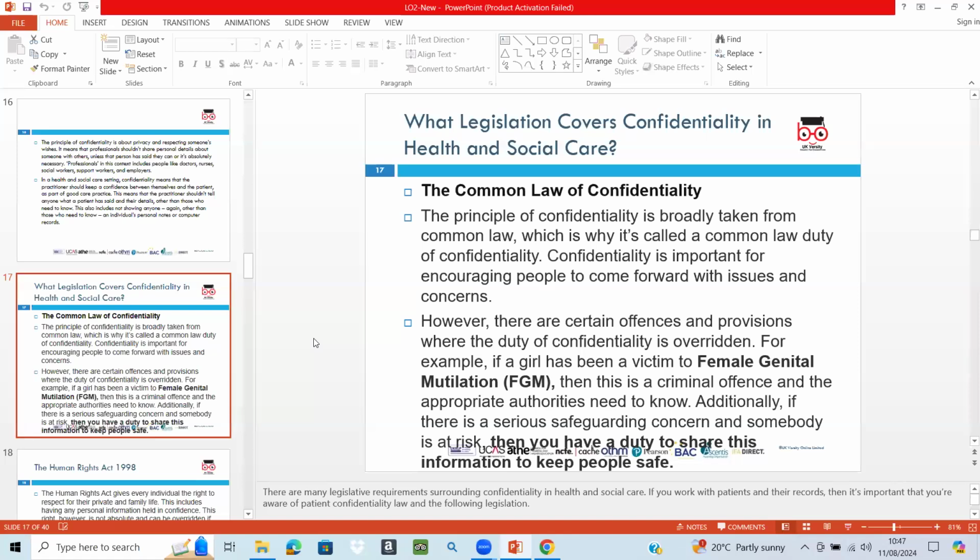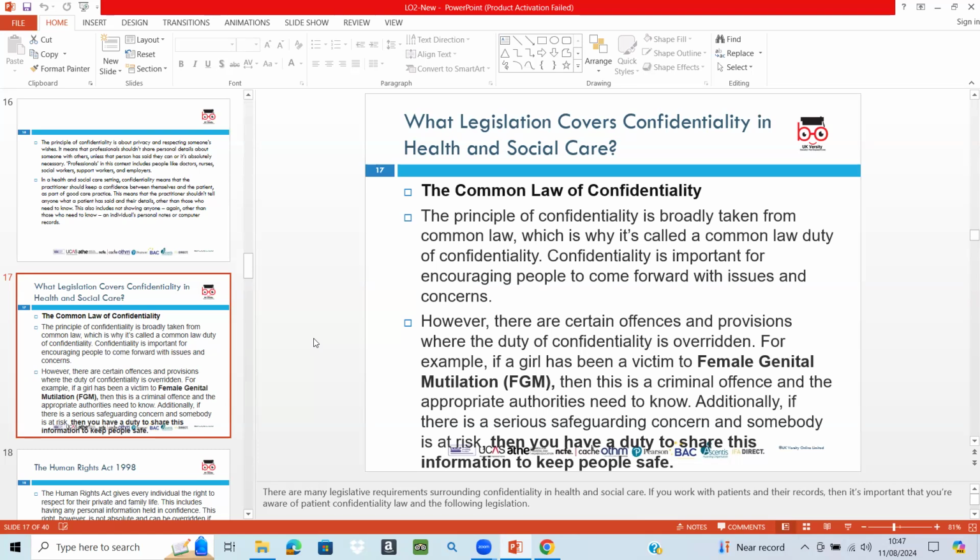First, the common law of confidentiality. This principle underpins the duty of confidentiality in healthcare. For example, it prevents healthcare providers from disclosing service user information without consent unless there is a legal or ethical obligation to do so, such as in cases of public safety.